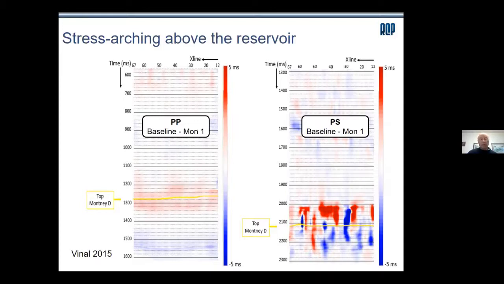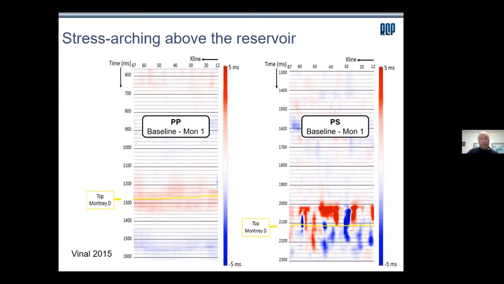In this case, these changes over a scale from -5 milliseconds to +5 milliseconds are shown, but they're very small. They're probably on the order of 1 or 2 milliseconds. Are they observable? Yes, but if you have any noise at all, you're probably not going to see these very definitively.